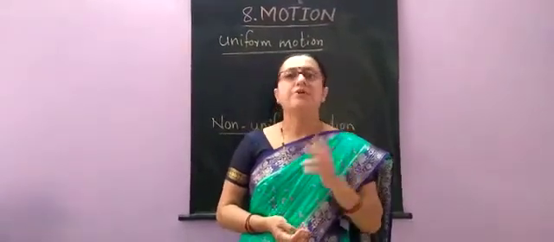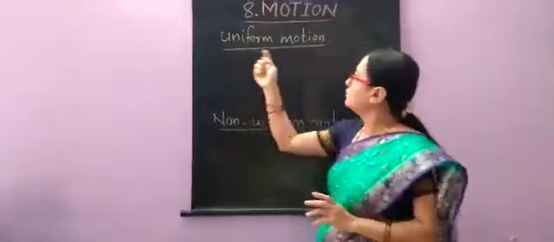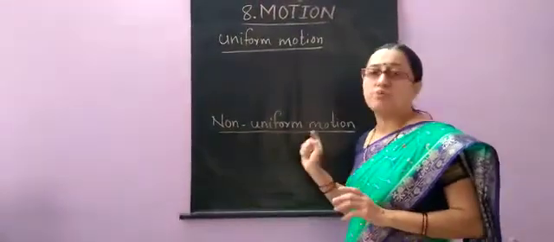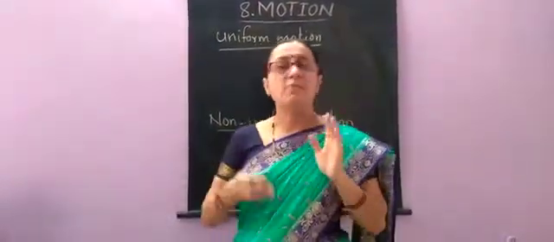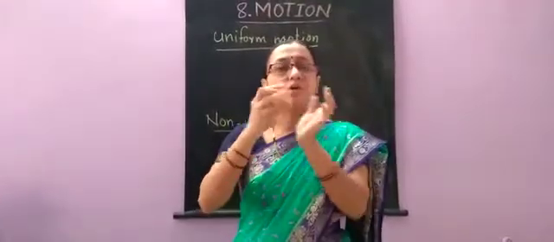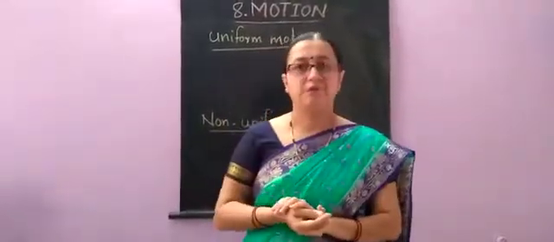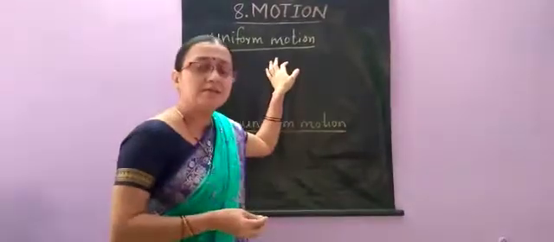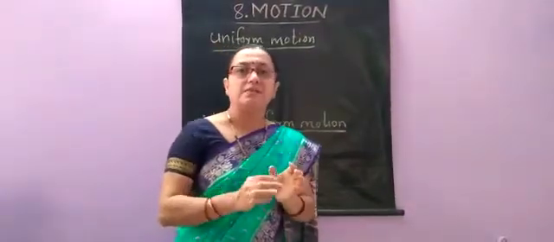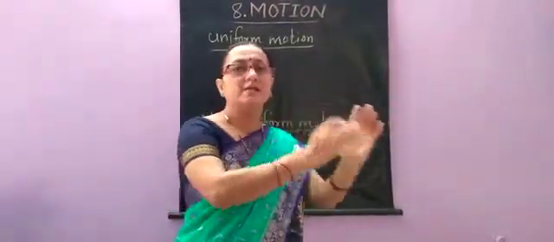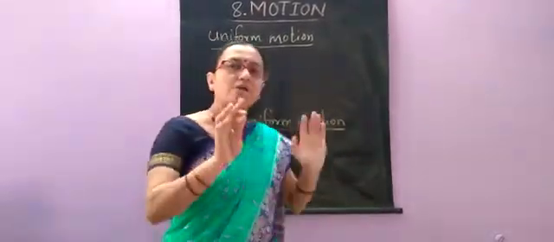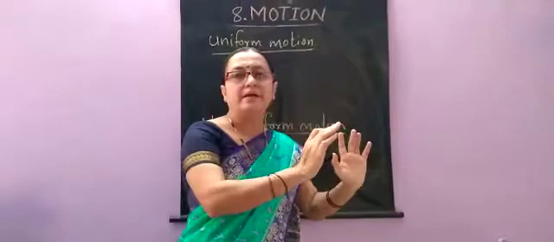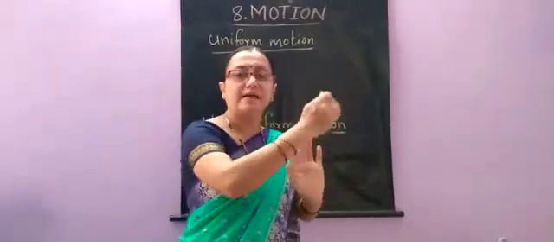There are two different types of motions: uniform motion and non-uniform motion. These two depend on the speed of the object, or how much distance is covered in a particular time. Uniform motion means if an object covers equal distances in equal intervals of time, then it is called uniform motion. An object is moving with a constant speed and covering equal distances in equal time.